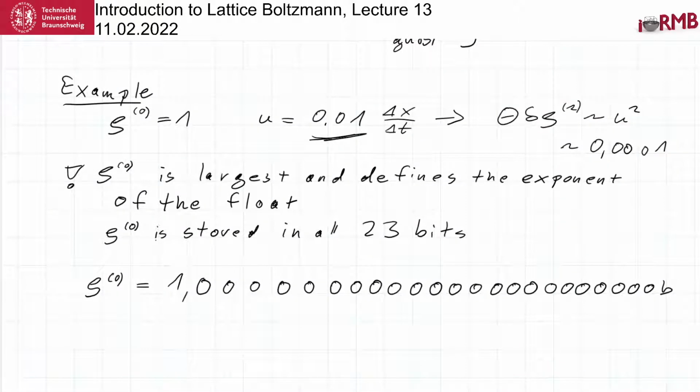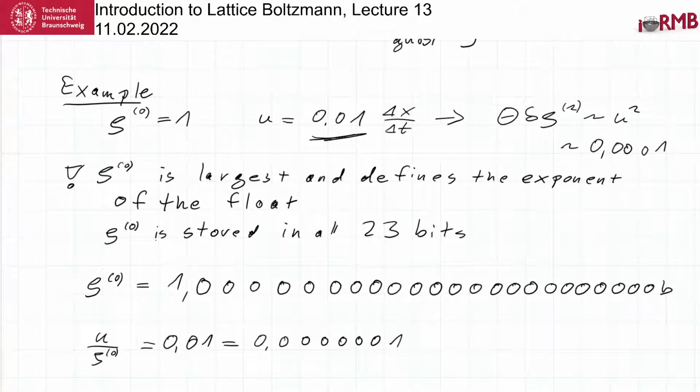And this u by rho 0, this is 0.01, and this has to be stored in the same memory. Now when we write this in binary, it looks like this. We have 0.000000, and I have to take this from my notes now.